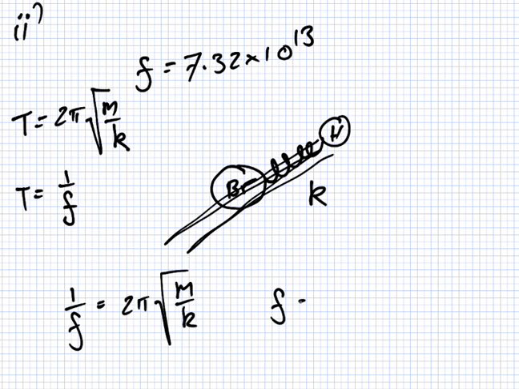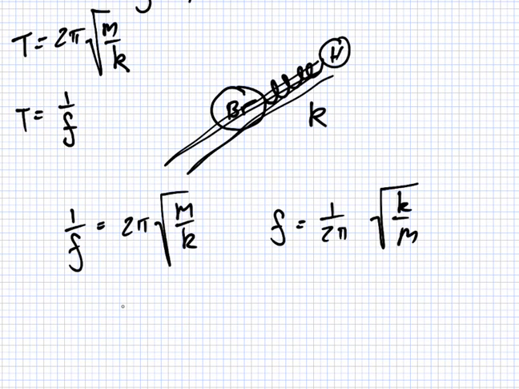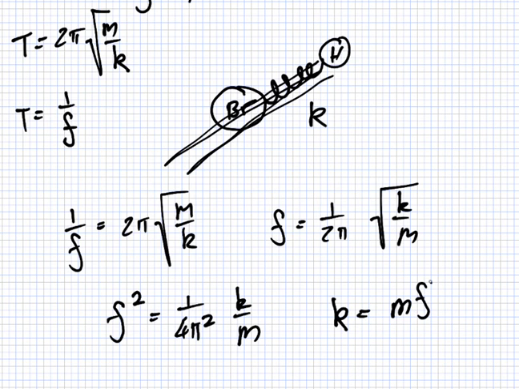So f equals 1 over 2 pi root k over m. So that means f squared equals 1 over 4 pi squared k over m. So that means k equals 4 pi squared f squared m.